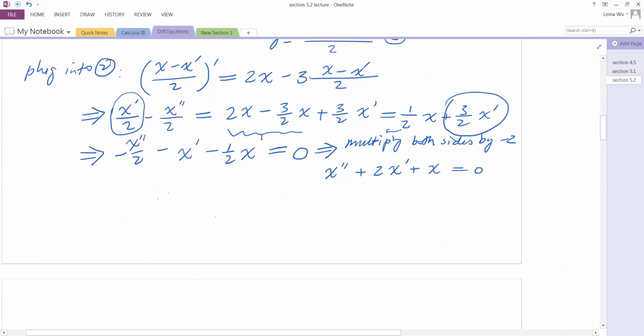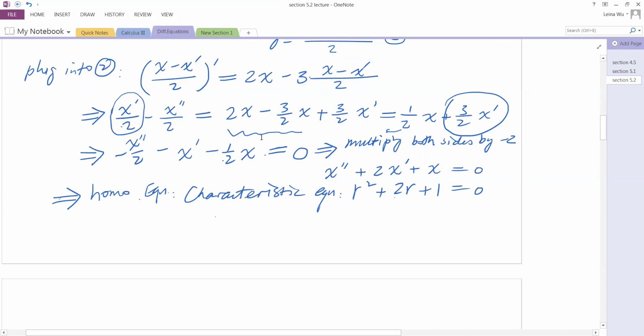So let me see. Where's my pen? So this is a homogeneous equation. We should again use the characteristic equation, which is r squared plus 2r plus 1 equals 0.